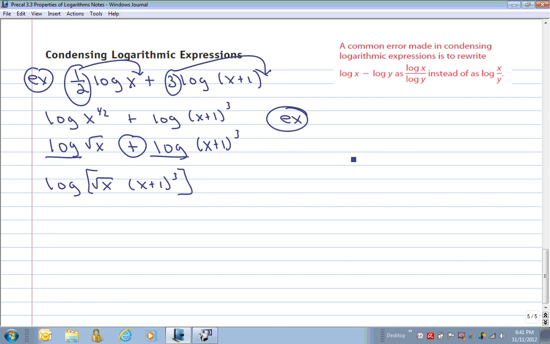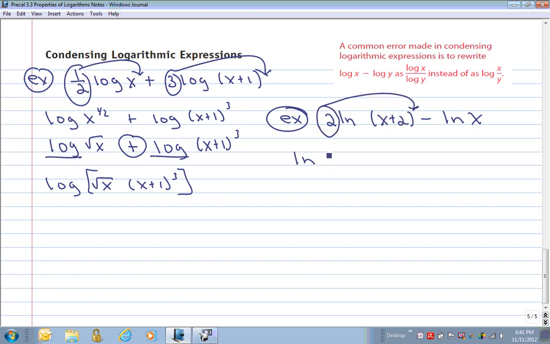All right, let's take a look at the next one: 2 ln of x plus 2, and we're going to subtract ln x. Notice here we have subtraction, so at some point we should end up with some division when we condense, but we have a little step we want to take first. We move this 2 and put it back as a power.